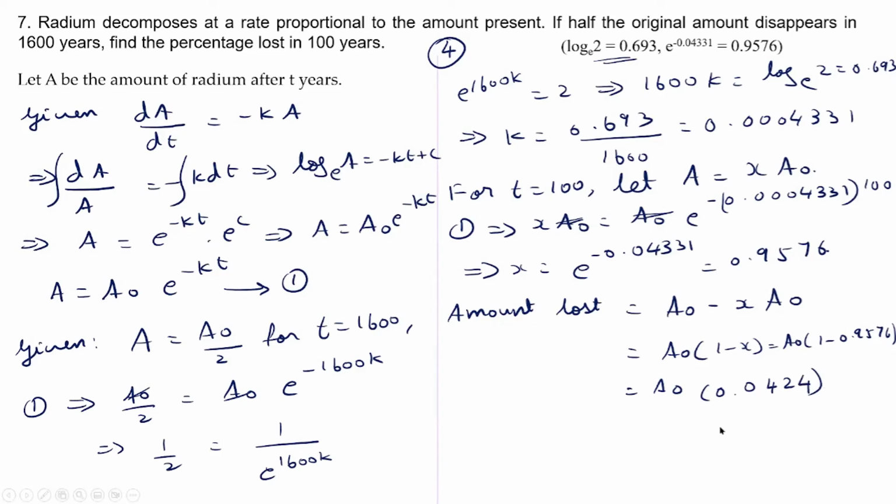So the amount lost is 0.0424 of the initial amount of radium. So percentage lost will be, therefore, 0.0424 into 100, which is 4.24%. So this is the percentage of radium lost in 100 years.